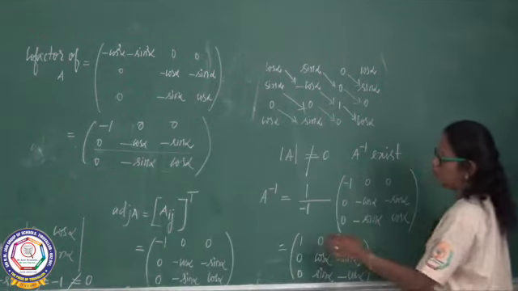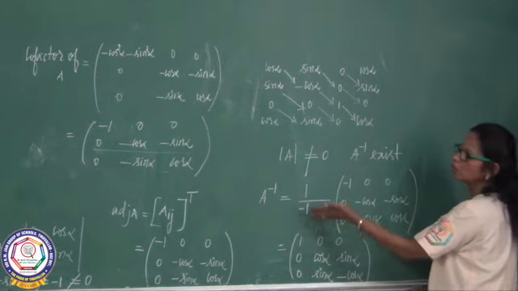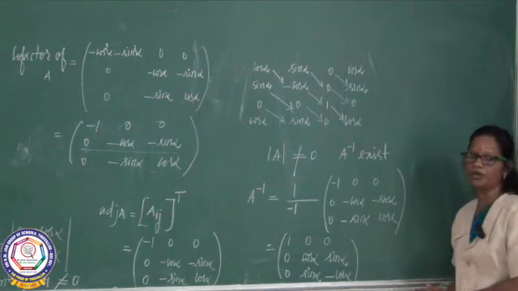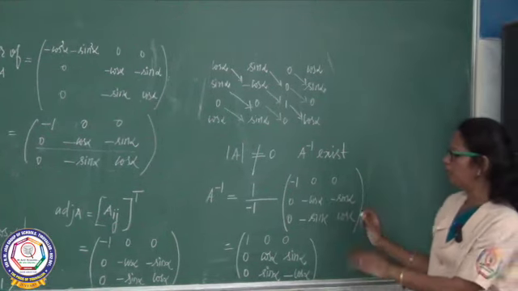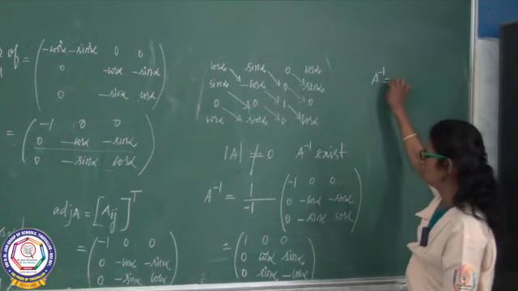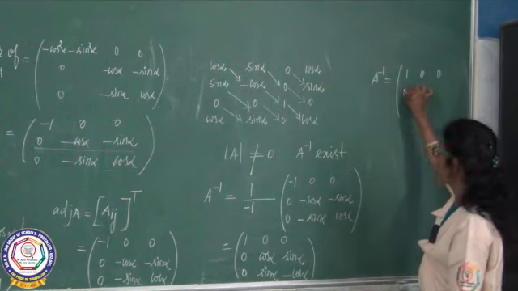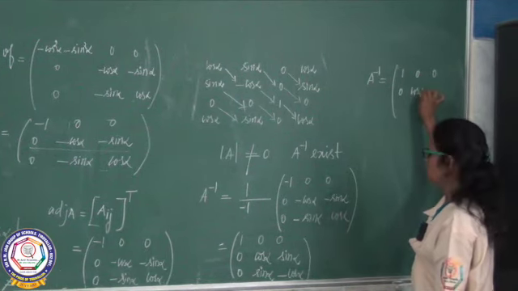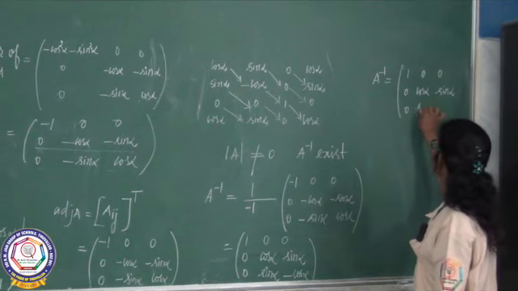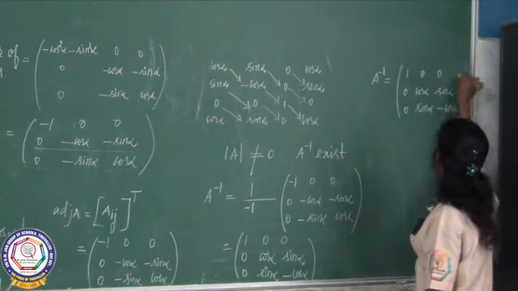Using minus 1, you can shift it to the numerator and multiply the entries inside the bracket. The final answer: A inverse equals 1, 0, 0, 0, cos alpha, sin alpha, 0, sin alpha, minus cos alpha.